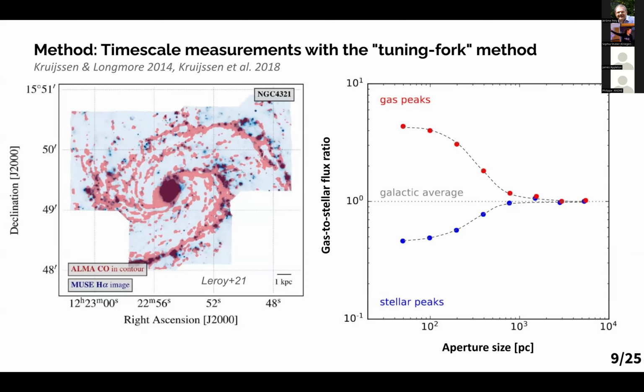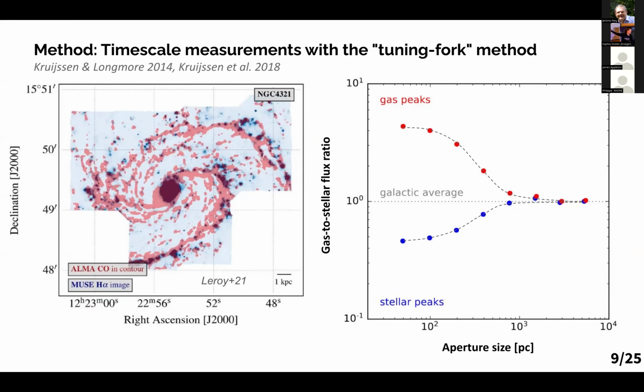And the idea is that at small scale, if you focus on gas peak or on stellar peak, you will see this bias that I was presenting earlier. But when you increase the aperture size, you slowly converge towards the galactic average, which is lying on the Kennicutt-Schmidt relation.